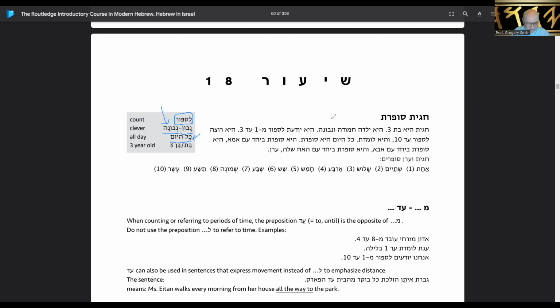No, that's a reduced kametz. It might be kametz katan. Yeah, that's what it is. Kametz katan. Okay, so that's what that is right there.